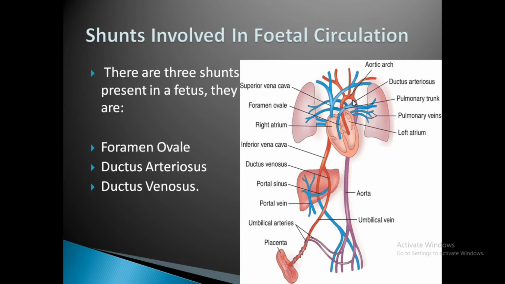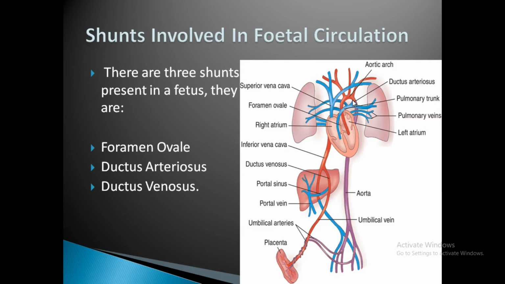Shunts are made naturally to avoid the passage of blood to these specific structures, the lungs and the liver. And why avoid the passage towards the lungs and liver? Because these structures are not fully developed.